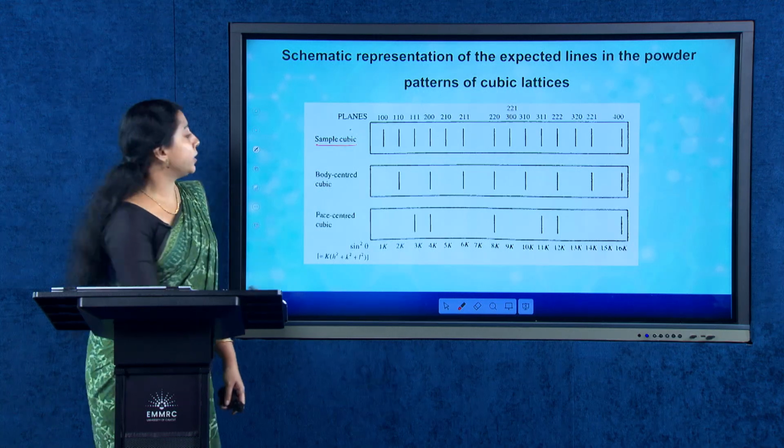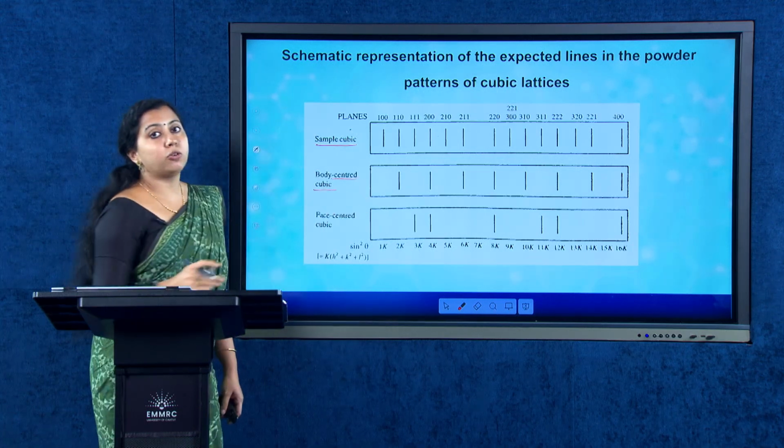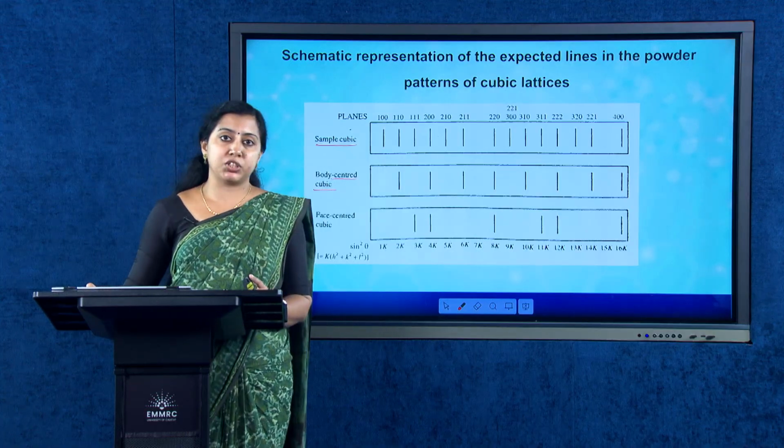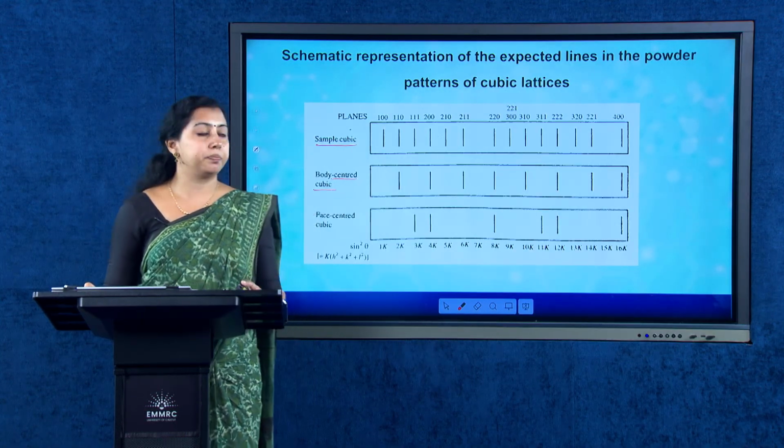Now, consider a body-centered cubic. We have seen that in a BCC, there will be reflections only from those HKL values in which H plus K plus L is even.